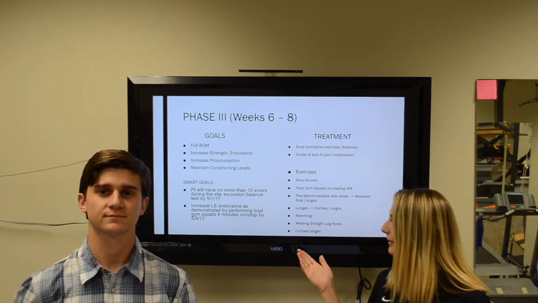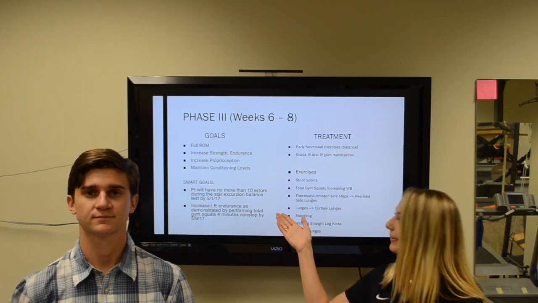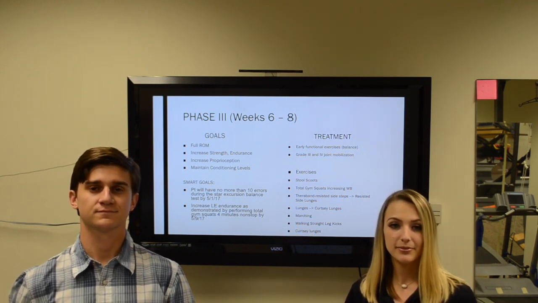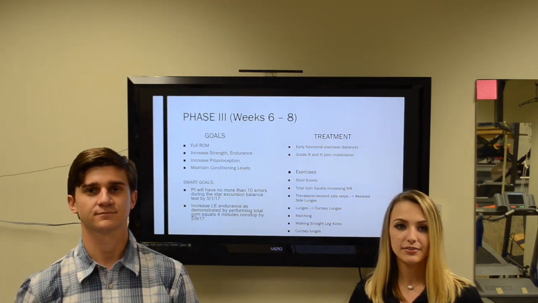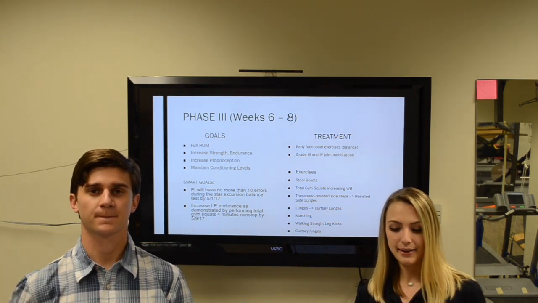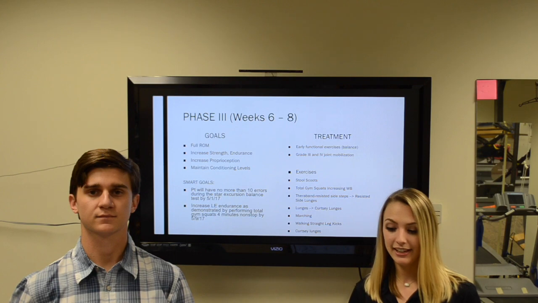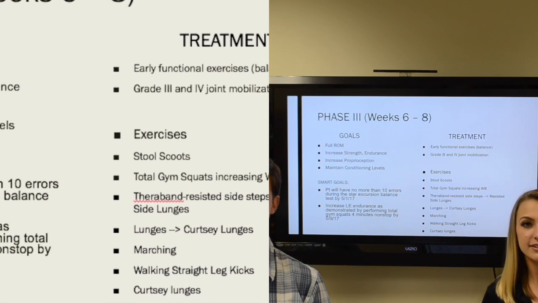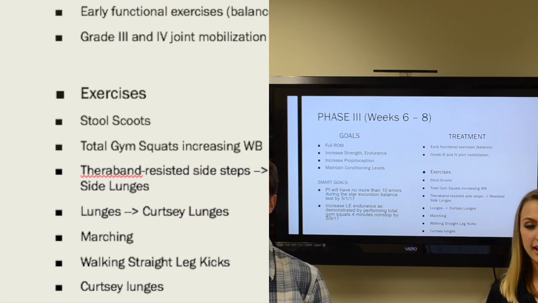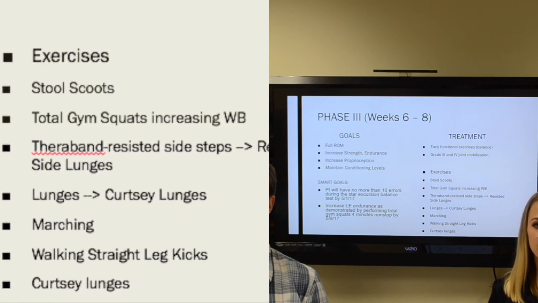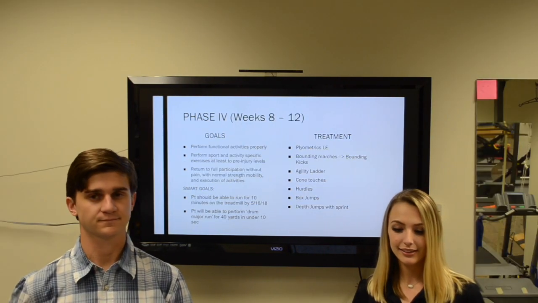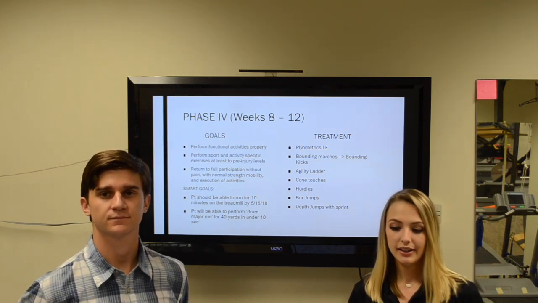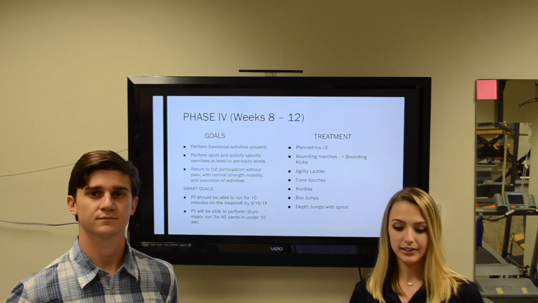An example of a SMART goal we have is to increase lower extremity endurance as demonstrated by performing squats on the total gym for 4 minutes straight by May 9th, 2017. For the treatment here, we're going to focus on early functional exercises including balance, and if we need joint mobs, they're going to be grades 3 and 4. For the final phase of the healing process, we have weeks 8 to 12, hopefully.